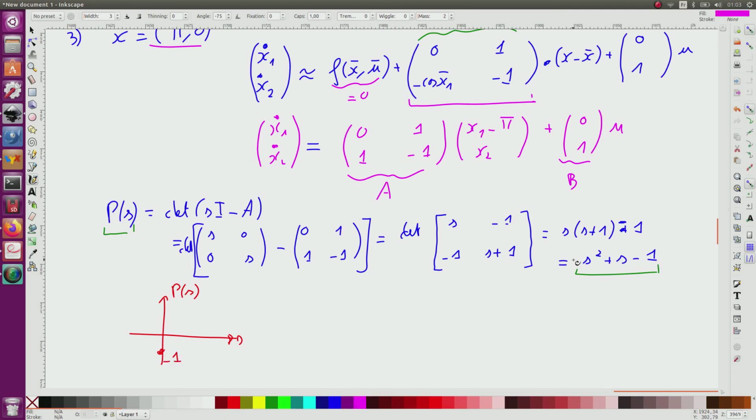Since here I have a 1, the curvature is positive. So it means that p of s will have this shape. This is p of s. So one root will be negative and one will be positive. As a consequence, since one root is positive, I conclude that the system is unstable.